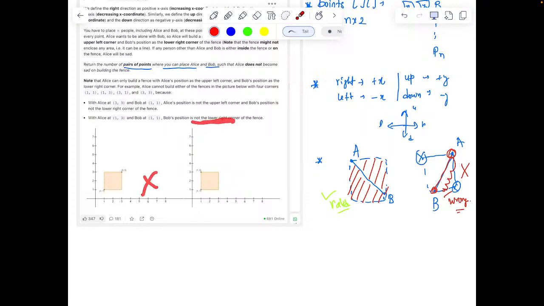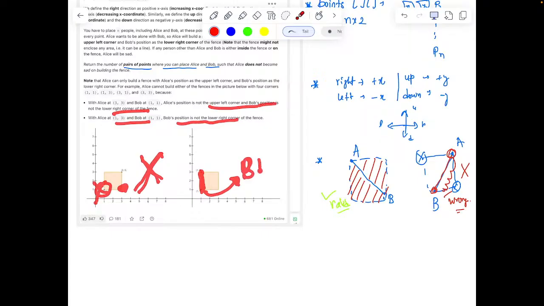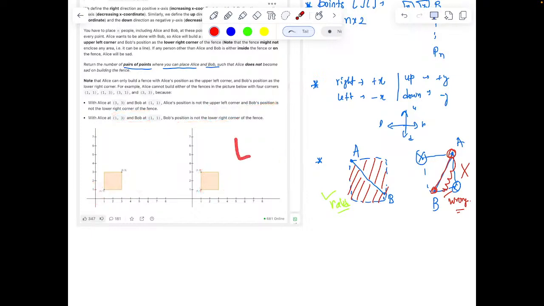And Bob position is also not the lower right. Bob has to be here, but it is here, so it is also not. This entire case is an invalid case. Also in this case as well, you can see that this part is invalid because this is bottom left, not bottom right. I mean lower left, not lower right. So these two cases are invalid.